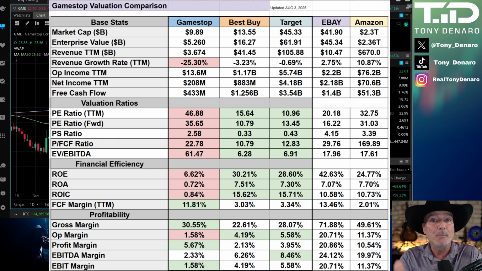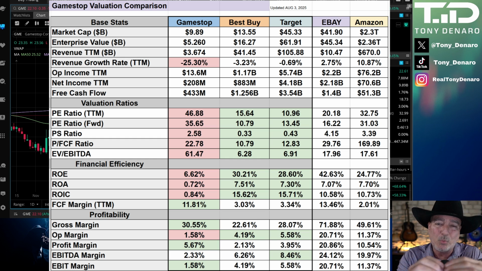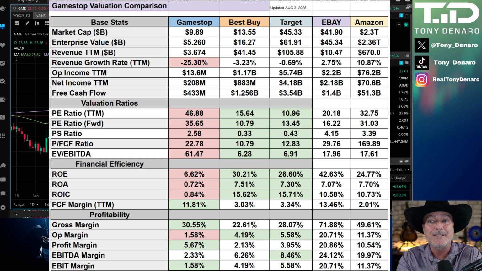ROIC, arguably the most critical ratio, shows the widest gap between the two, GameStop lagging far behind. And despite all of that solid efficiency at Best Buy, what is their forward PE ratio? 10.79. Hinting that GameStop's forward PE of 35 might signal an over-valuation compared to its $22 current price in the market.